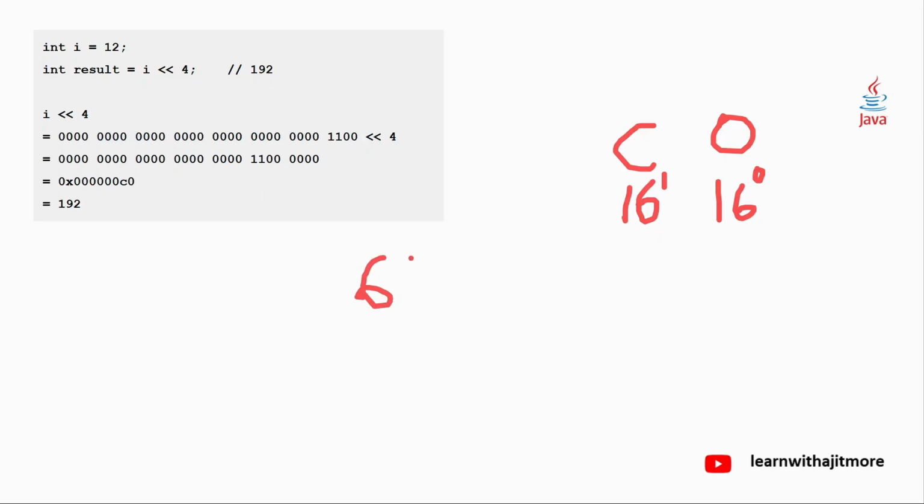So if you add 64 with 128, is it also 192 only, guys? If I take direct binary, this is 2 raised to 0, which is 1, 2, 4, 8, 16, 32, 64, 128. So where is 1 at 64 and 128? If you add it, it is going to be 192 only.